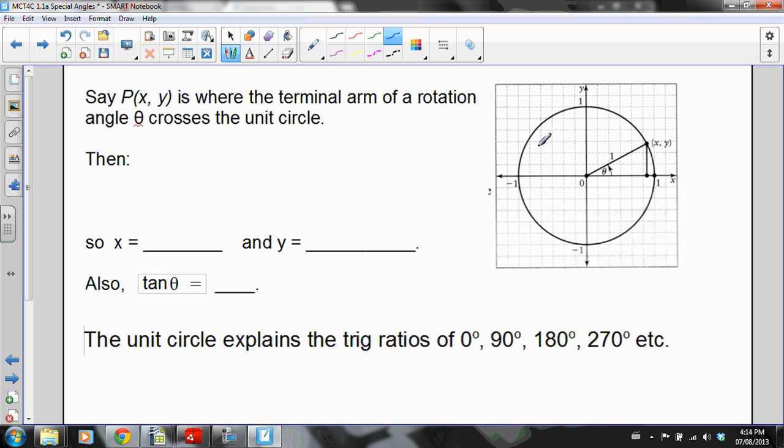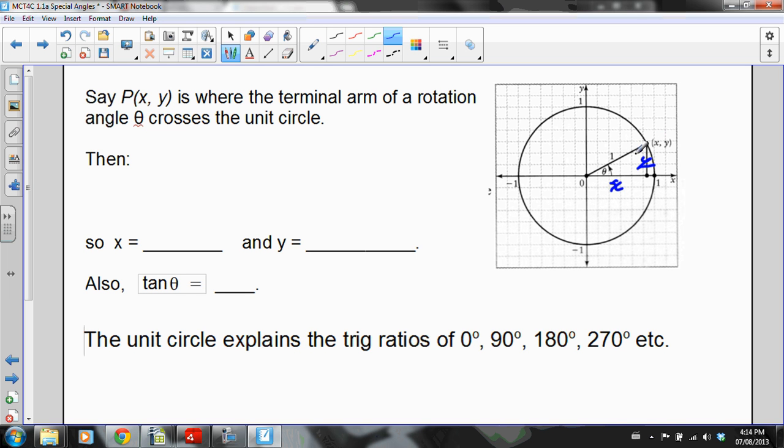This diagram is another concept that comes in handy when we're talking about these trig ratios. It's called the unit circle. We see a circle, and since the radius is 1, we call it the unit circle. And notice that if this is the point (x, y), that means this is x, isn't it? And this is y, right?